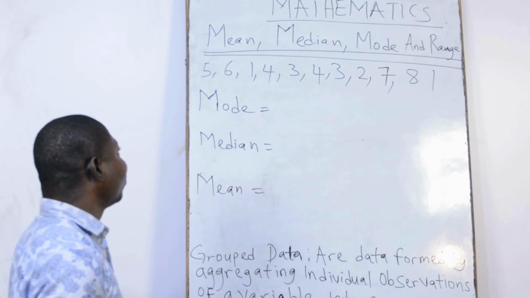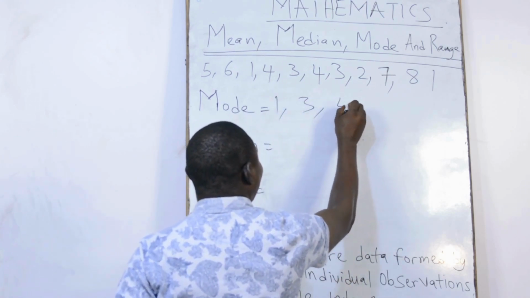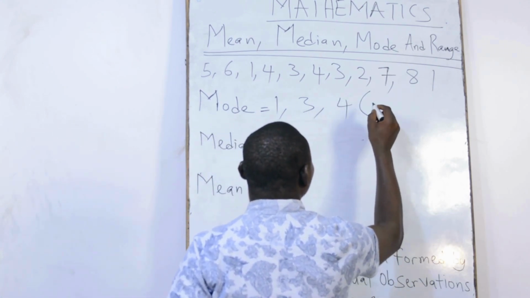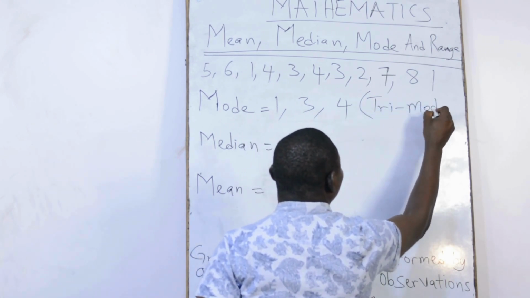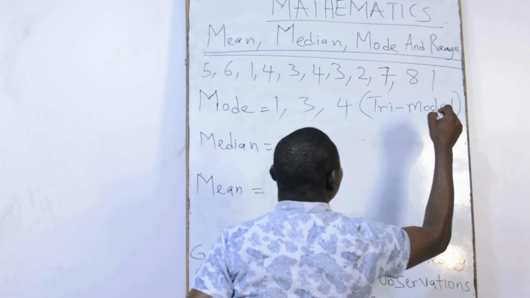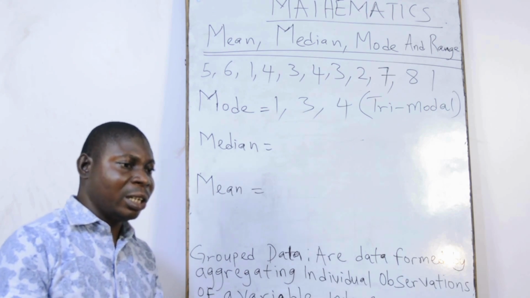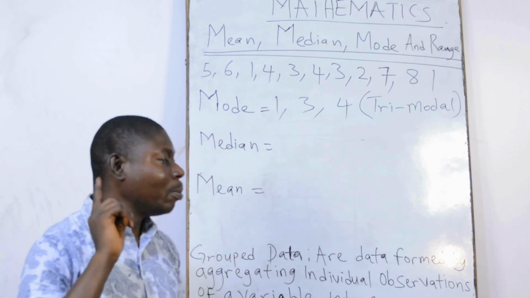So we have 1, 3, 4 as modes. We call it trimodal, because we have 3 modes.